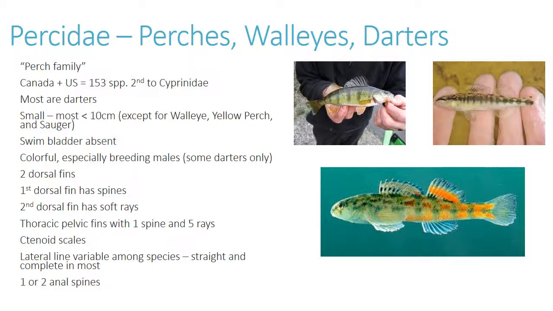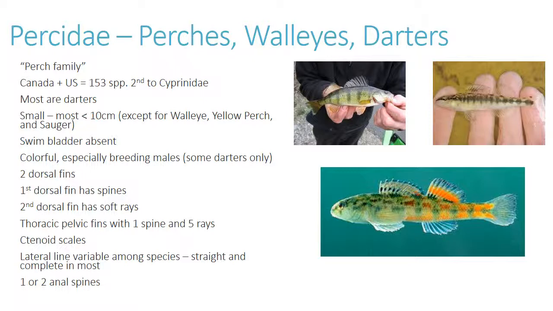Most of the species in this family are darters, and all of the darters are very, very small. Most of the members of this family are very small, except for the walleye, yellow perch, and sauger. Those are the three non-darter members of this family. These are the characteristics we talked about in lab. And here are the three species.